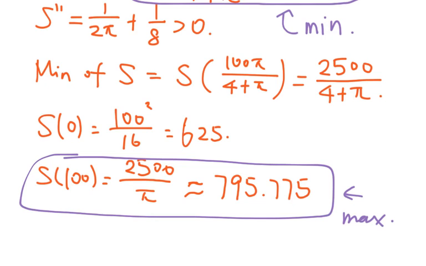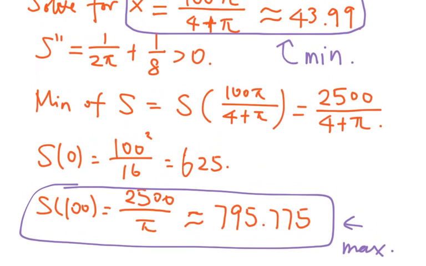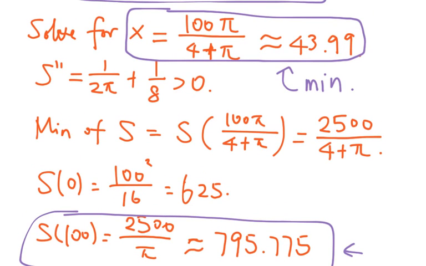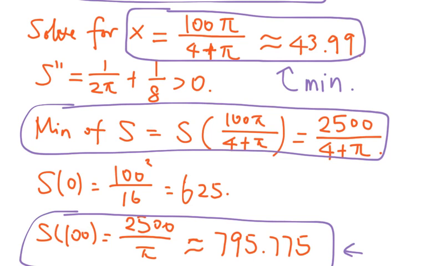Okay, so the maximum combined area of the circle and the square is equal to 795.775, and the minimum combined area is equal to 2500 over (4 plus pi). Okay, this is the problem.